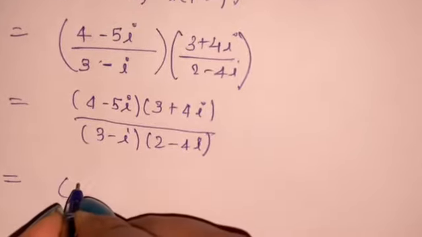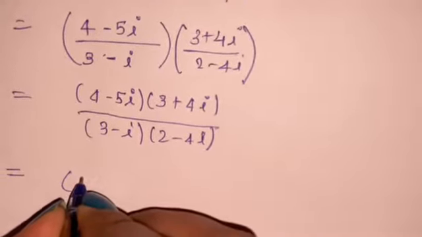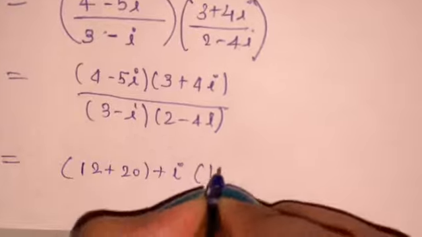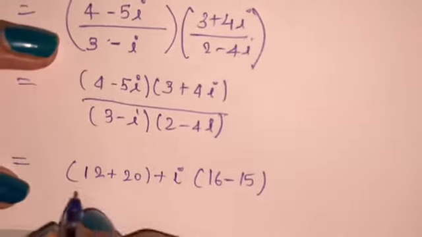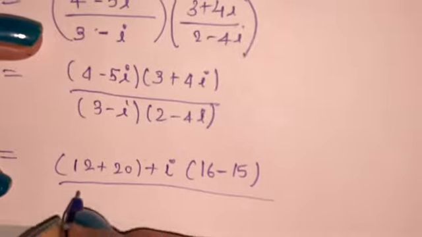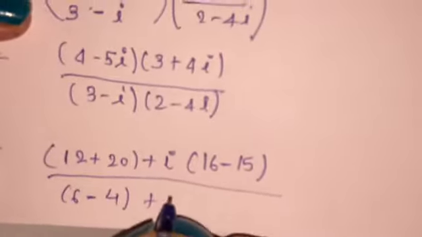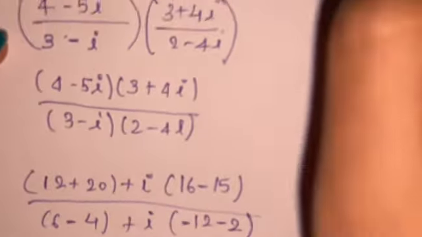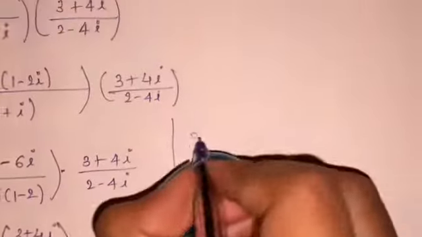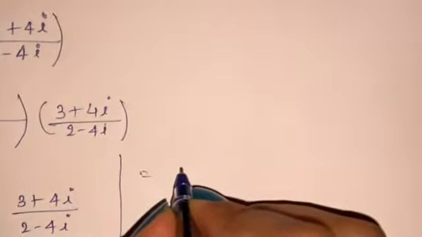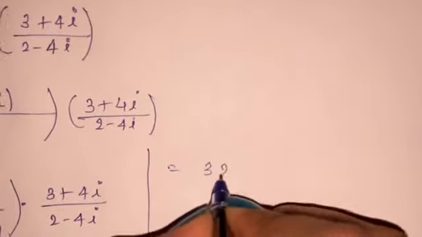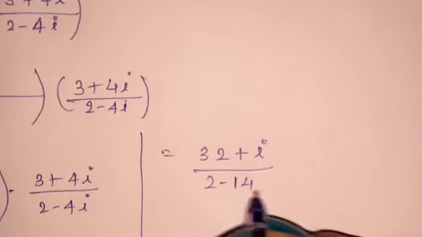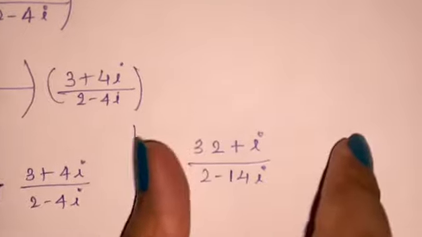I will write directly AC minus BD plus i, AD plus BC, that will be 12 plus 20 plus i, 16 minus 15, whole divided by 6 minus 4 plus i, 12 minus 2, okay. So you will get 12 plus 20, that will be 32 plus i by 2 minus 14i.